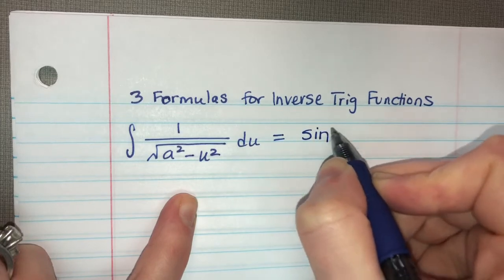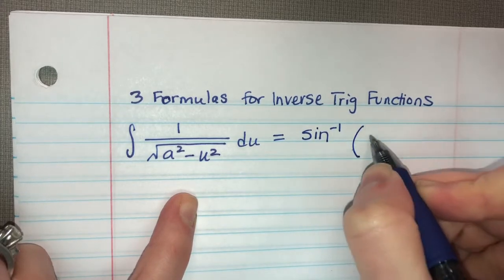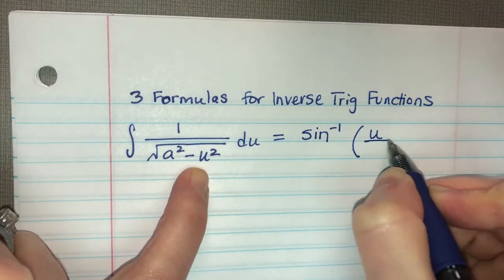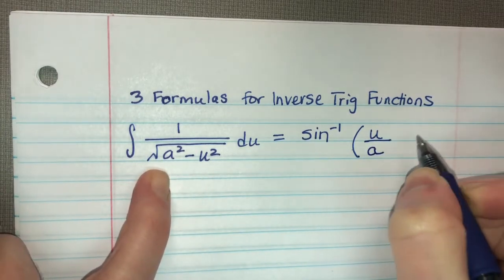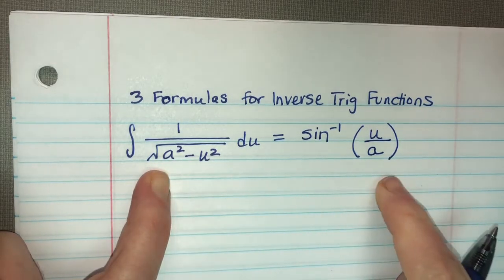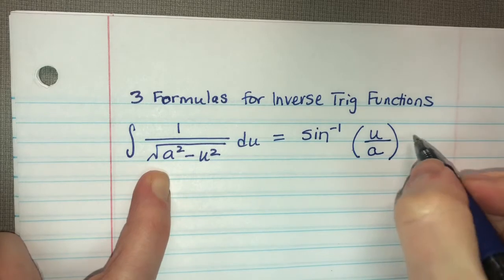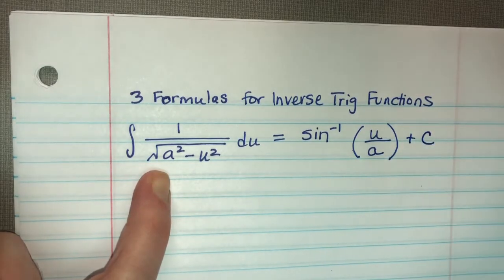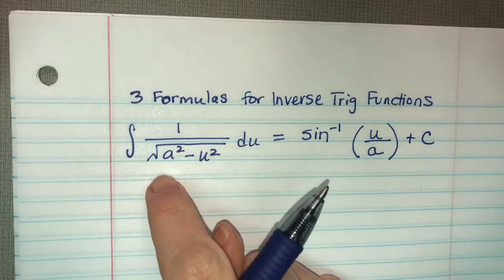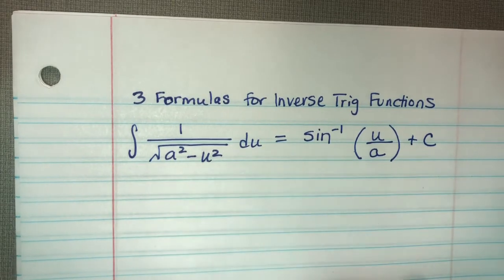So this is going to equal the inverse sine of u, which would be like where the x was in the last one, over a. A is a constant, so if a was 1, like it was in the last problem, u over 1 would just be u. So it's very similar to the one we just used, except we don't have to have a 1 here now. We could have some other constant value.